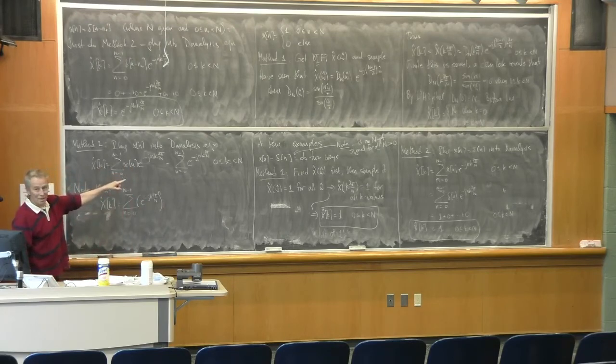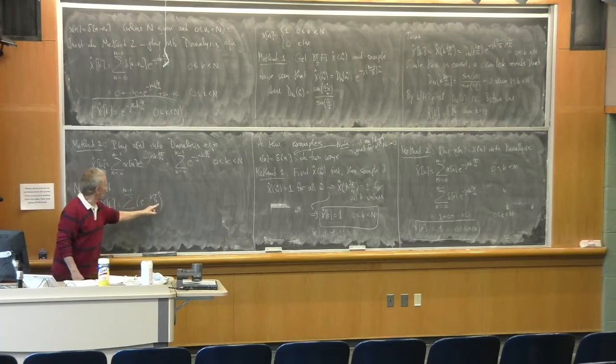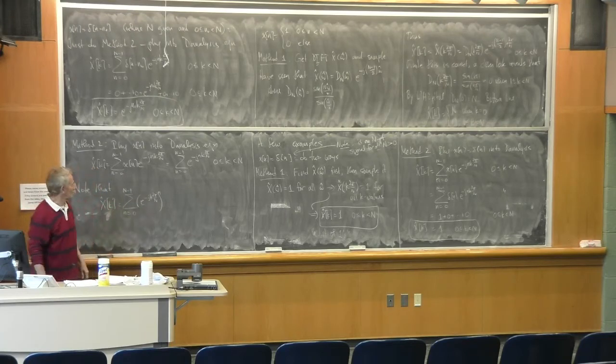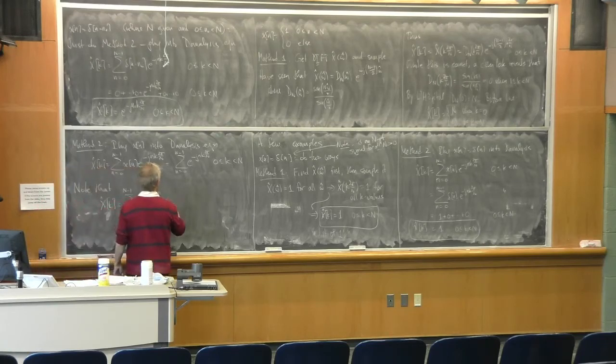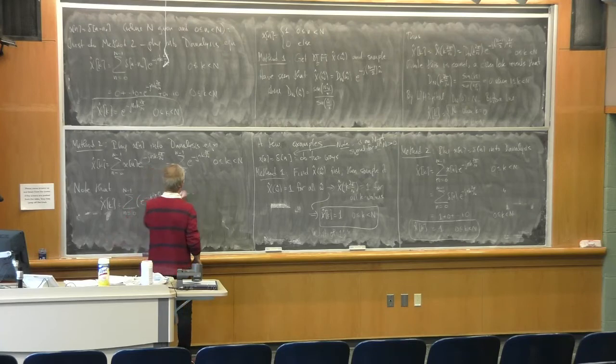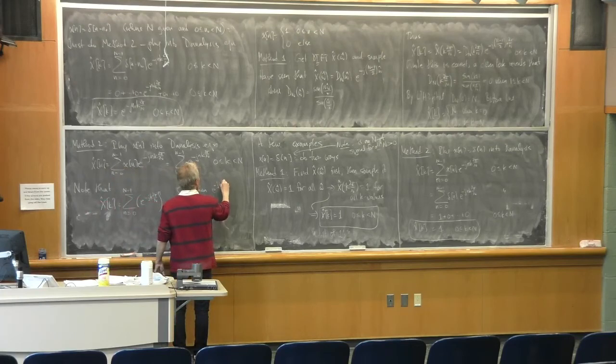The little nth term in that sum is this guy to the little n. And by partial geometric series, we get that this is, well, let's split it up. It's equal to N when the thing in parentheses, e to the minus j k 2 pi over N, is equal to 1.